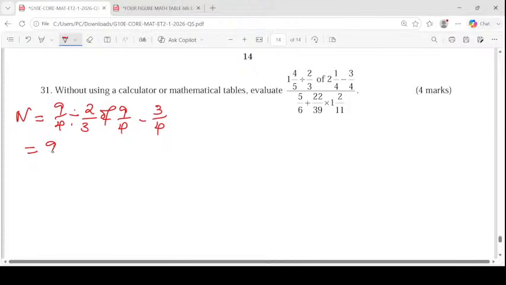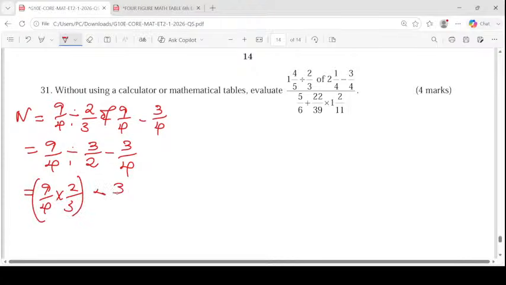Deal with "of", so this will be 9 over 4 divided by 3 over 2 minus 3 over 4. Then you deal with division. This will be 9 over 4 times 2 over 3. What you get now is what you subtract 3 over 4. So here 1, here 2, 3.